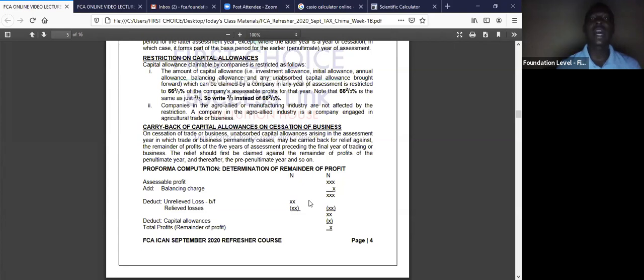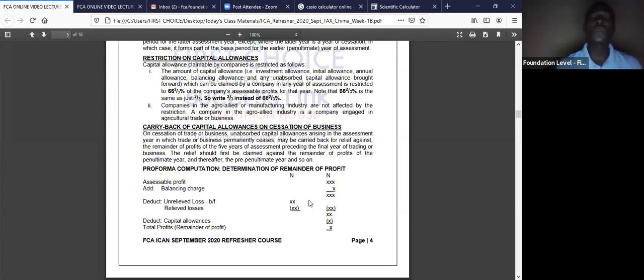The reason why they're allowing that as your maximum is so that 1/3 of your accessible profits will be subjected to tax so that the government can get money from that 1/3.